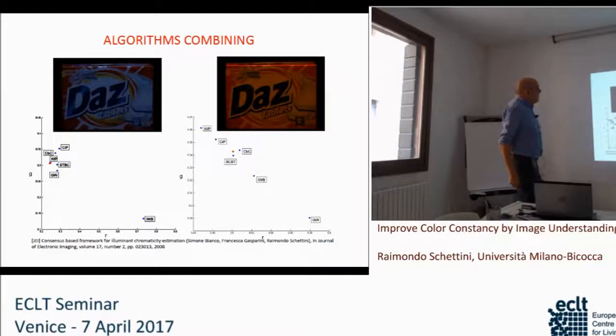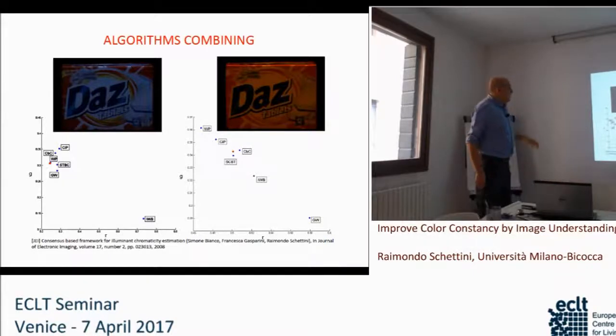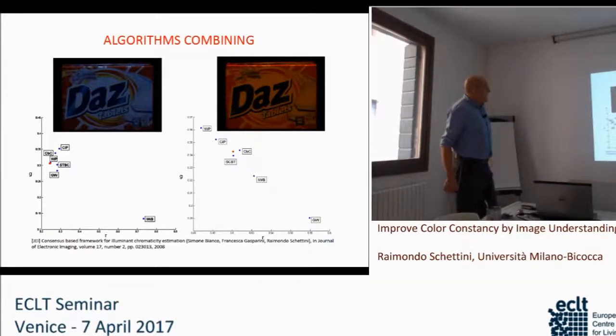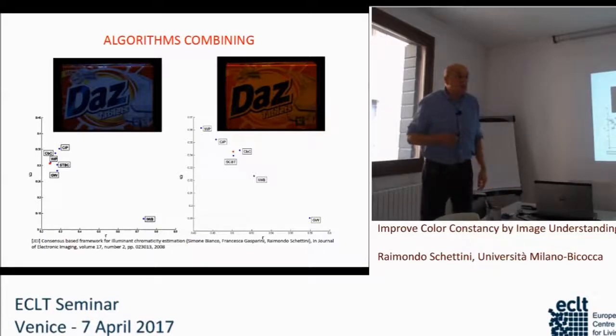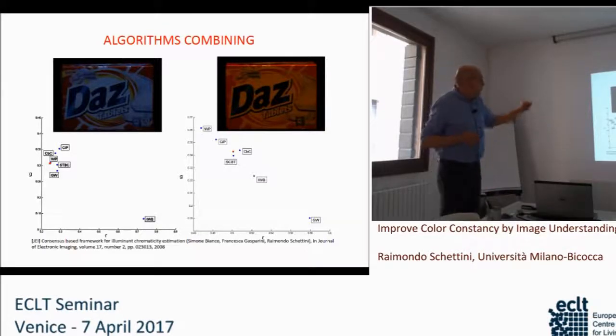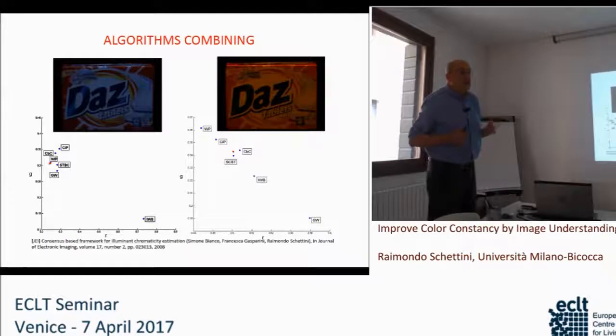But if we analyze, in a chromaticity diagram, and compare the estimates of different algorithms from the pattern recognition point of view, you can decide which is the best estimate.